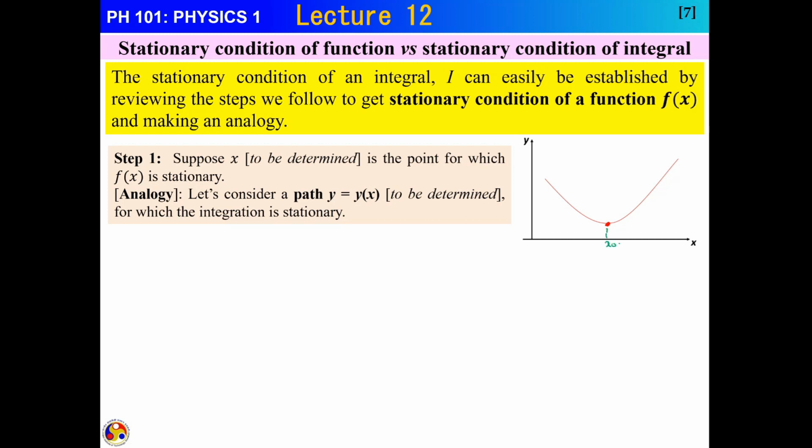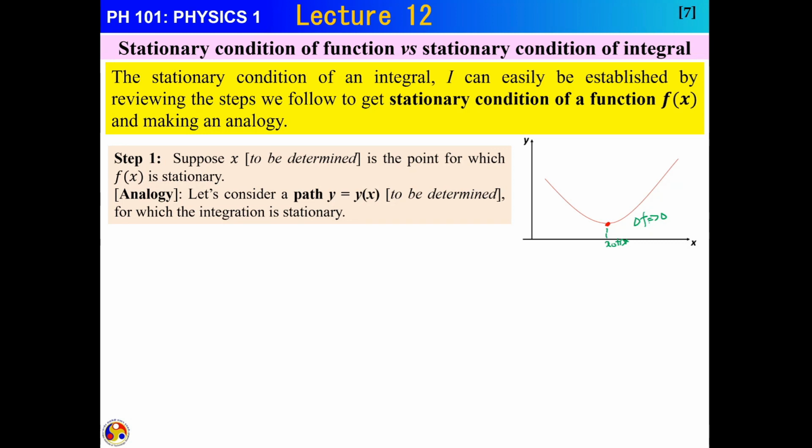If you add any delta x here, the delta f change for this small delta x is also nearly 0. So therefore, if you consider a path y equal to y of x, that is also to be determined, for which the integration would be stationary, because there is no change in the delta f for it. That is what the meaning is.